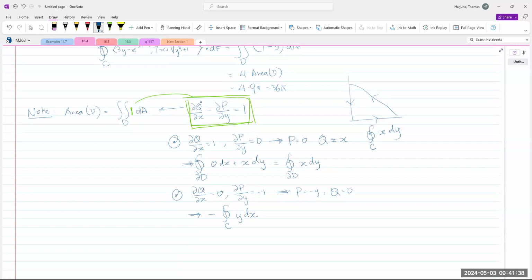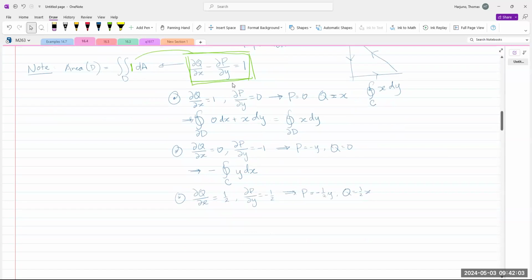Now, of course, another way is you set ∂q/∂x equal to some number, let's say 1/2, and ∂p/∂y as negative 1/2. That will give us p equals negative 1/2 y, and q will be 1/2 x.